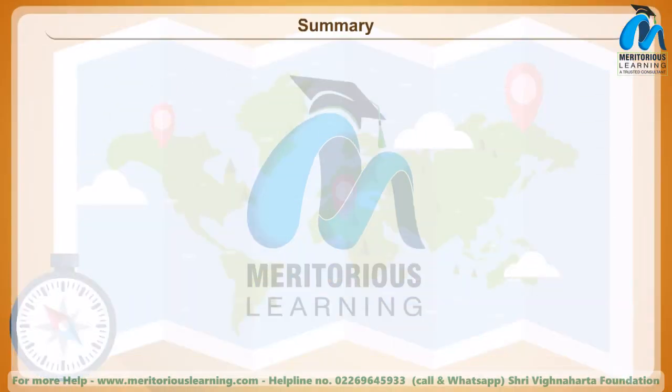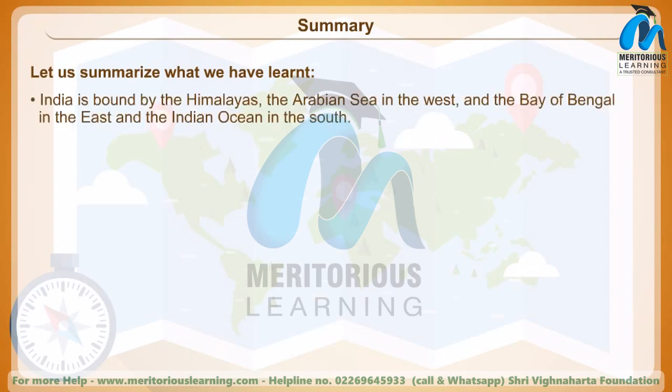Summary. Let us summarize what we have learned. India is bound by the Himalayas, the Arabian Sea in the west, the Bay of Bengal in the east and the Indian Ocean in the south. India has an area of 3.28 million square kilometres.